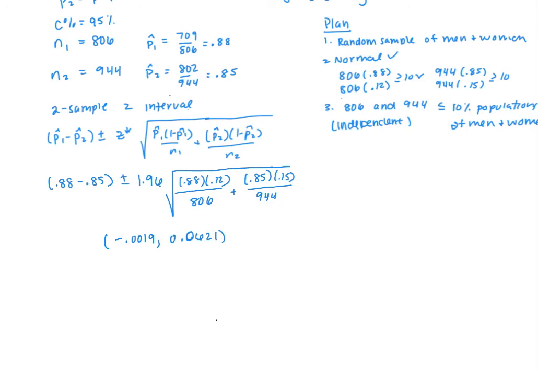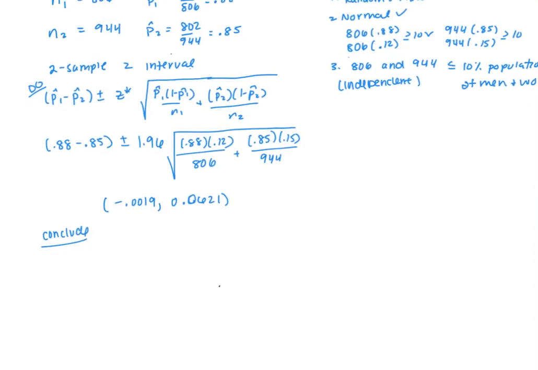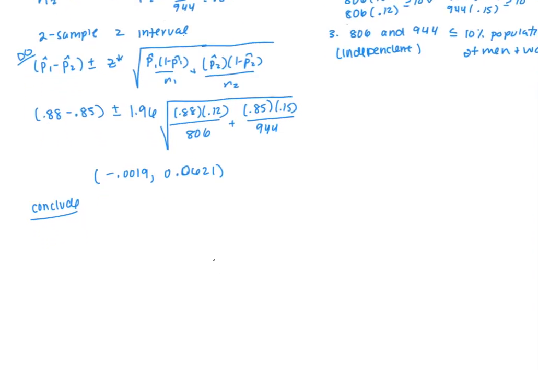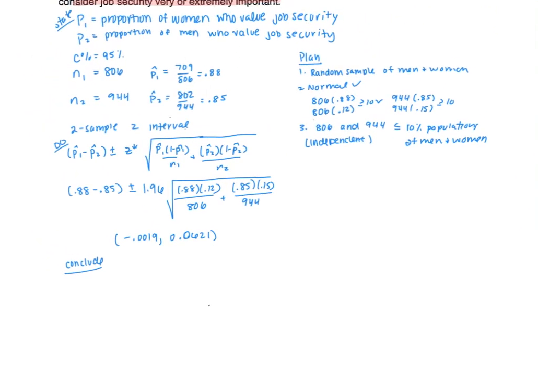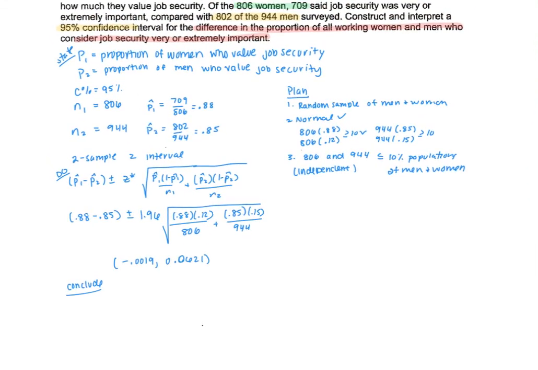So let's interpret that. Here's the conclude. We just did the do part of a state plan do conclude. So you want to use the same wording from the original question. So if I scroll a little bit, the difference in proportion of all working women and men who consider job security very or extremely important, that was the same wording as the question.